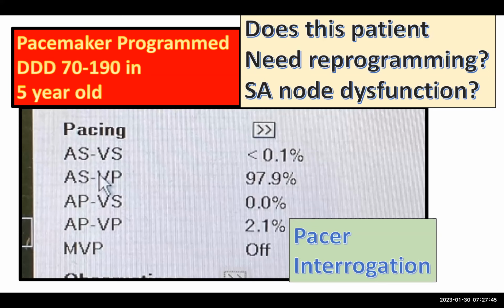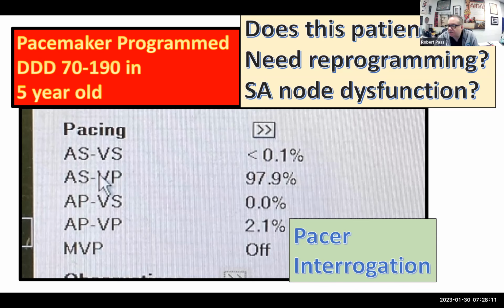If you're set to DDD, that is kind of the ideal sensing and pacing if you have appropriate sinus node function. But I guess there is a small amount in which he's A pacing and V pacing. It's hard to know exactly what's going on during that 2% of time.